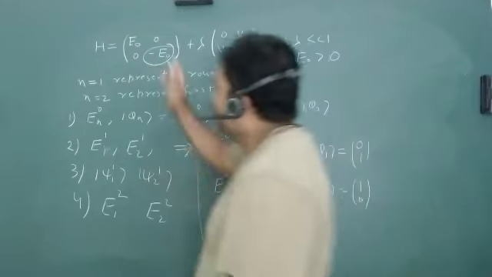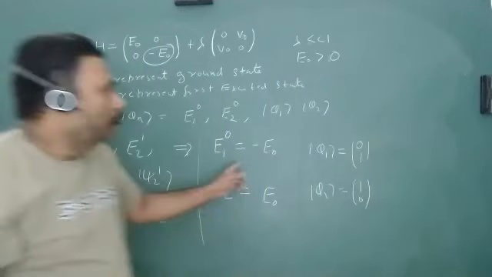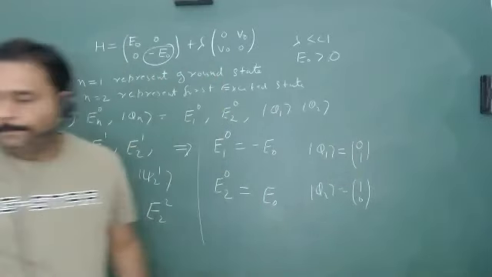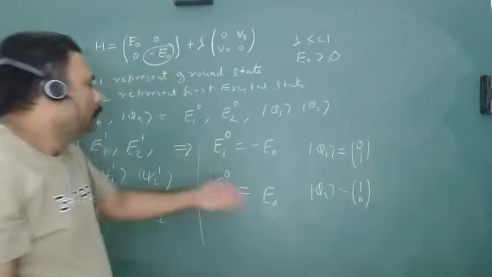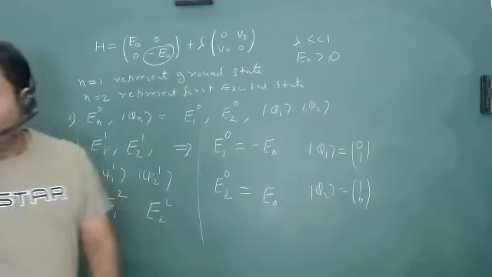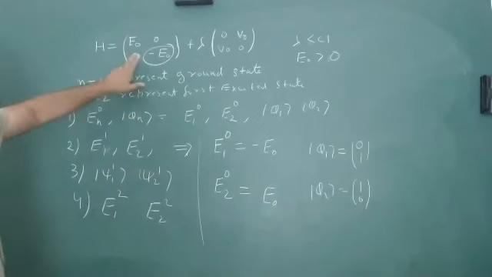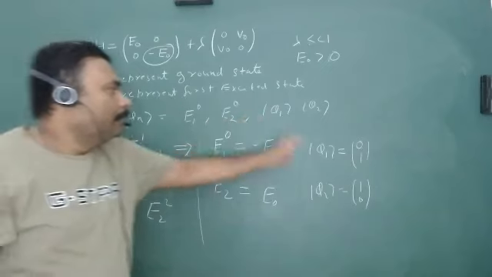So I am deliberately giving this question such that you have to understand the role of this notation. Because a lot of people will write E1 is equal to E naught, E2 is equal to minus E naught, and similarly 1 0 and 0 1. No, you have to calculate from this particular original Hamiltonian, and then you will get what your eigenvalue and eigenfunction will be.